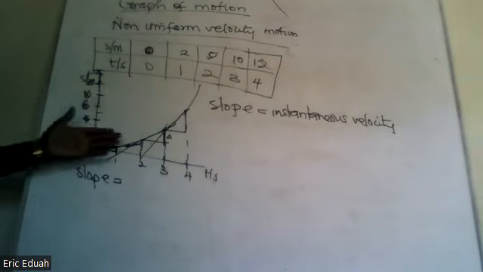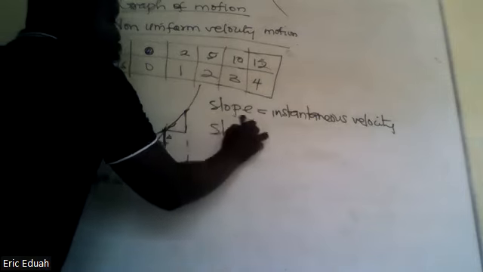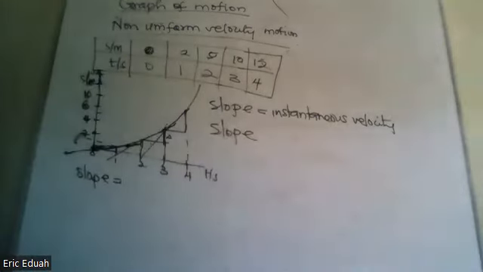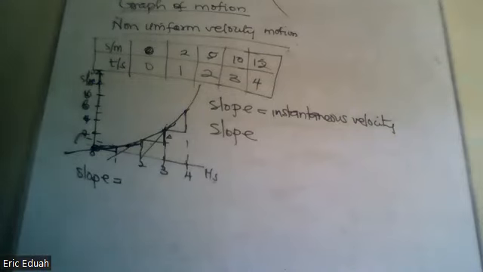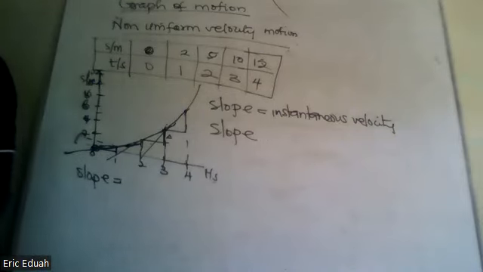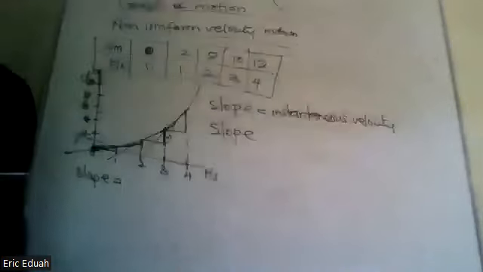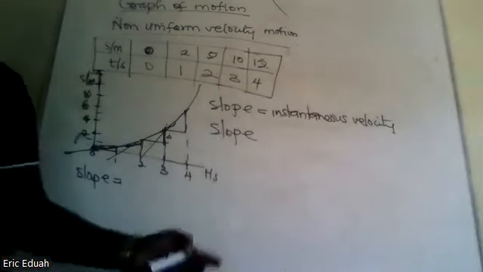When you draw such a graph, the slope of a displacement-time graph is equal to the velocity of the body, but you can only find the velocity within a given time interval.